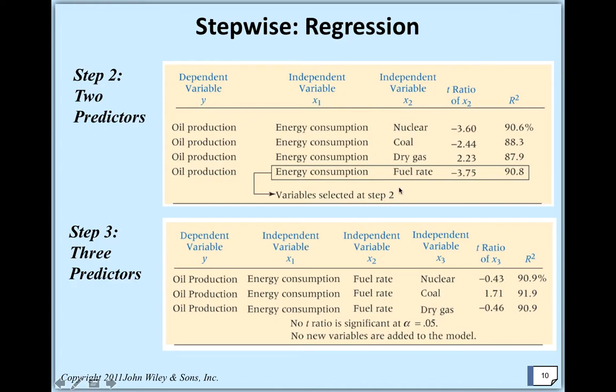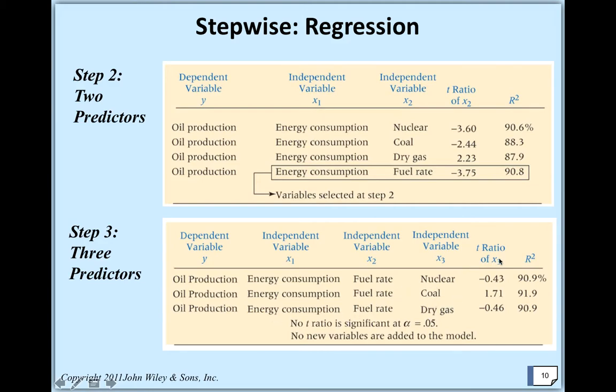Now we continue, because we had a significant second variable that we put into the model. So we run energy consumption, fuel rate, and nuclear; energy consumption, fuel rate, and coal; energy consumption, fuel rate, and dry gas.